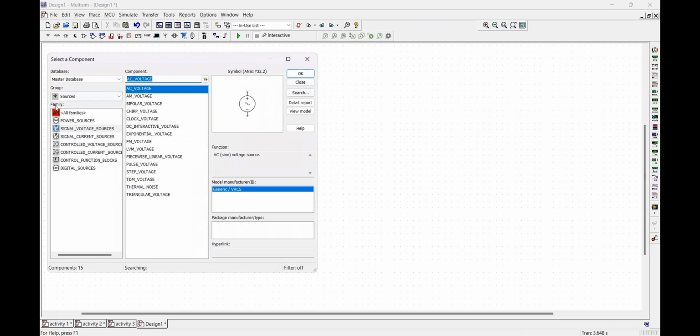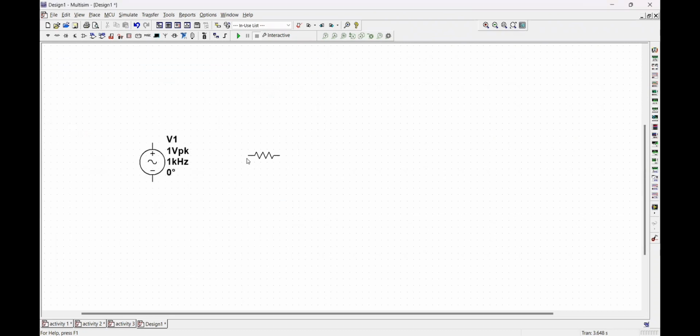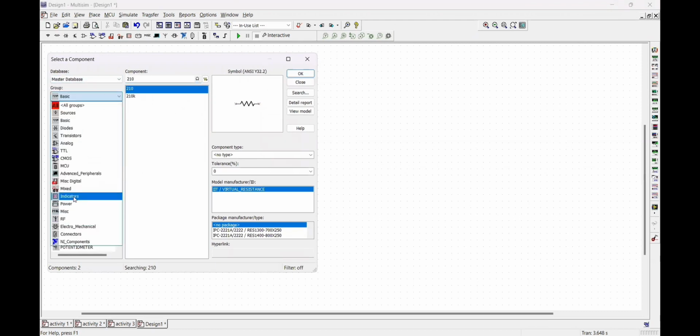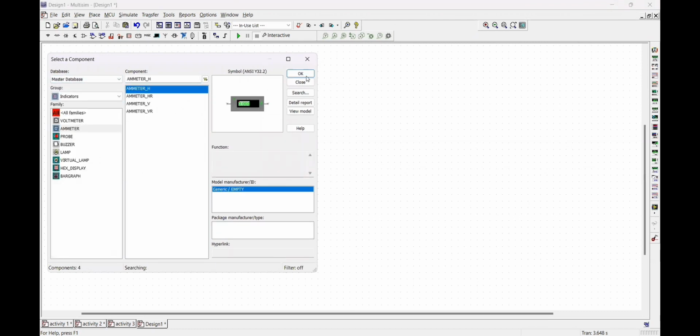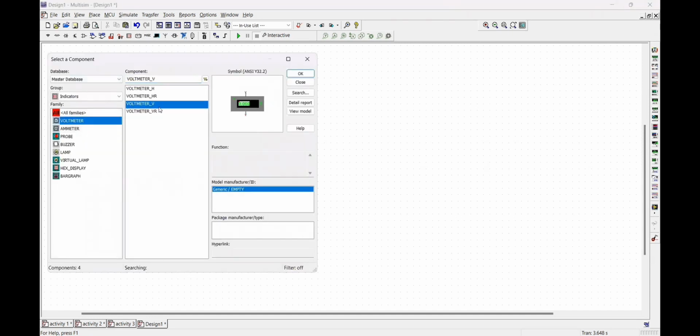I will be learning about the AC circuit. Okay, firstly we have to choose AC voltage, and then we choose a resistor of 210 ohms, and we choose the indicator ammeter and indicator voltmeter.